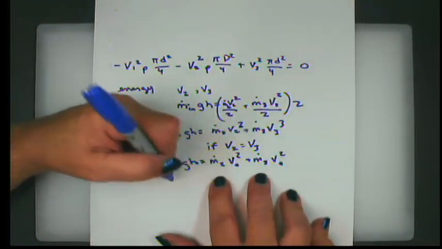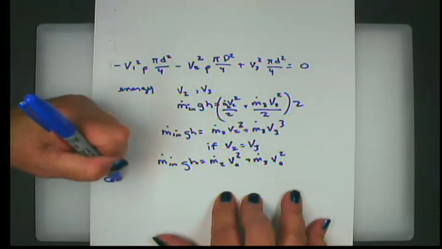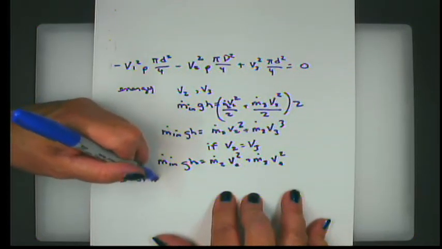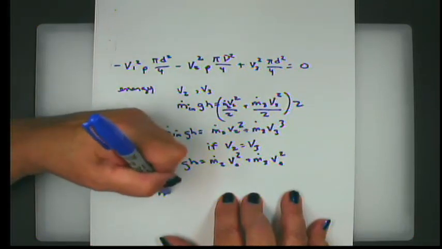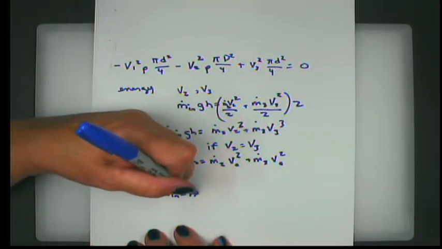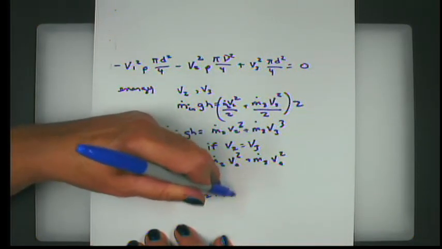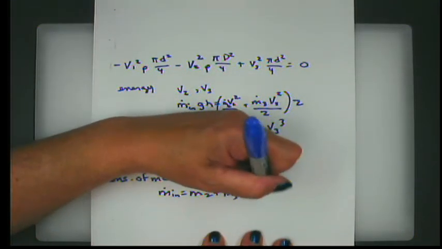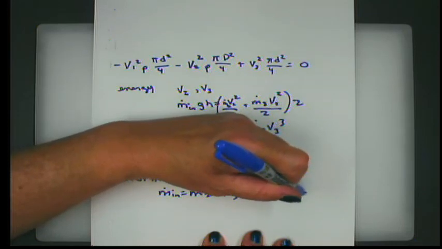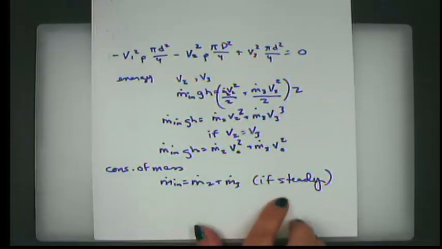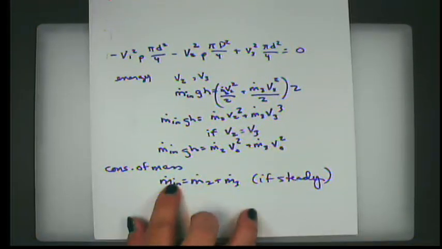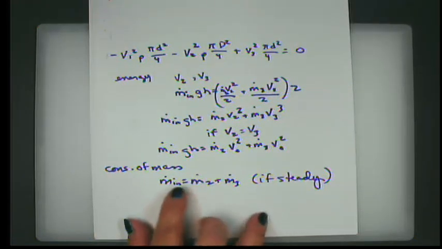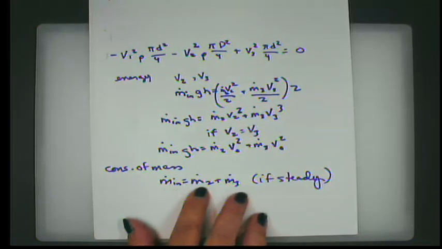And further, due to conservation of mass, we can say that m dot in has to equal m dot 2 plus m dot 3, right? In other words, if this is a steady problem, if we are not accumulating mass in the control volume, then the mass that goes in has to equal the mass that comes out. Mass goes in at only 1 point, comes out at 2 points.